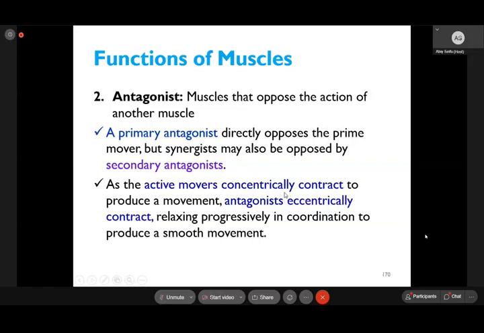When you contract eccentrically, the force of contraction diminishes gradually, whereas in concentric contraction, the force of contraction is higher. To return to its normal position, the antagonistic muscles contract eccentrically, and their contraction decreases through time.